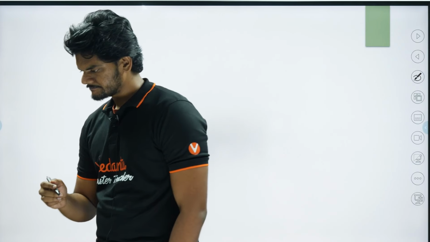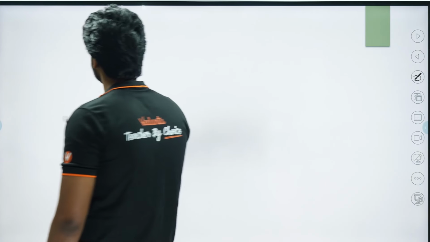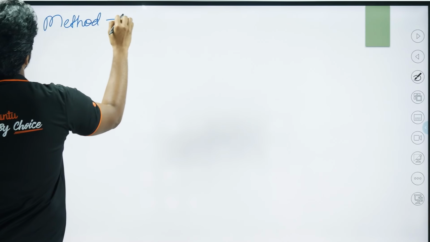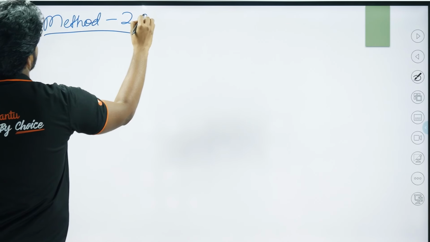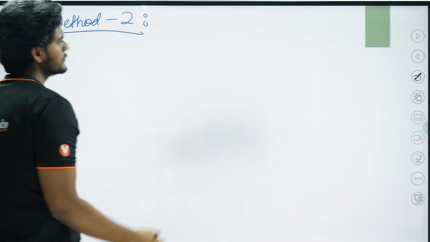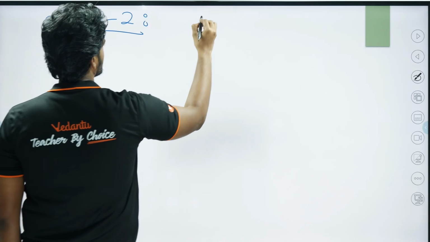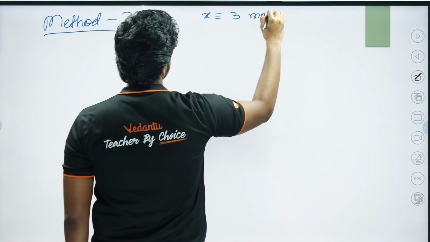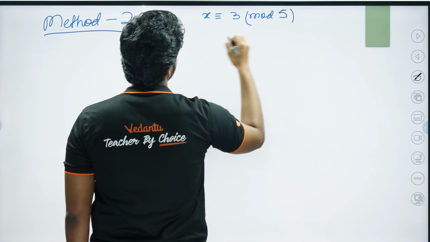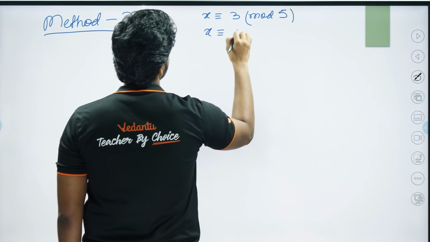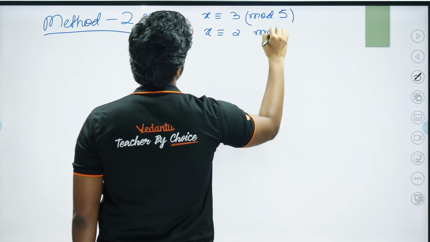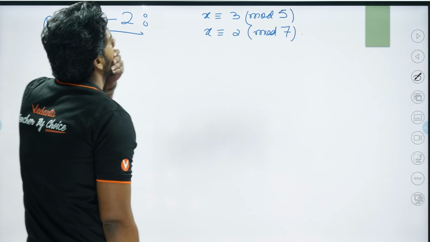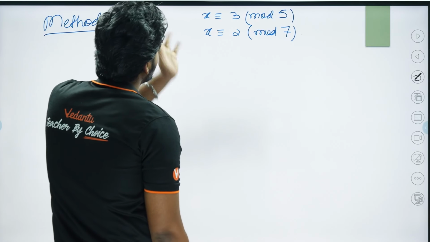Now, there is another way to do it. Method 2. Again, what was the question? The question was x is congruent to 3 mod 5 and x is congruent to 2 mod 7.